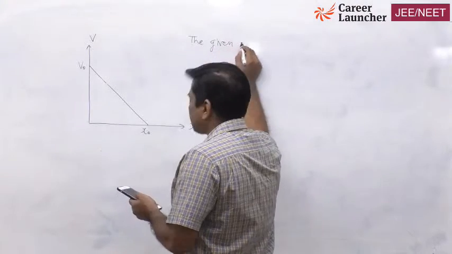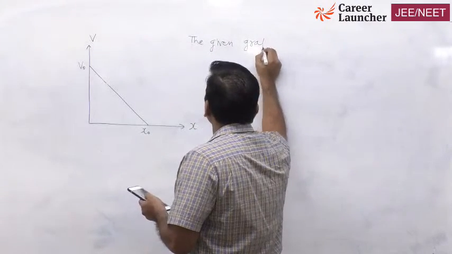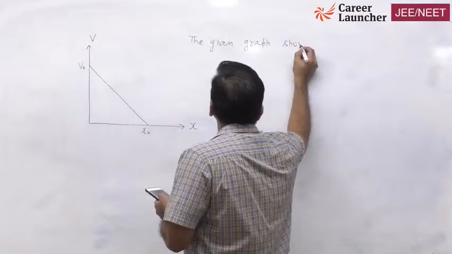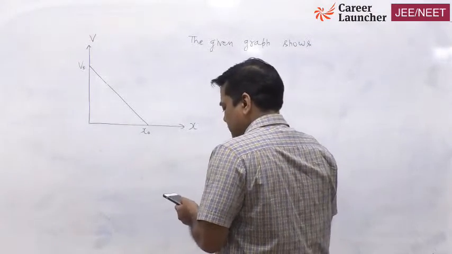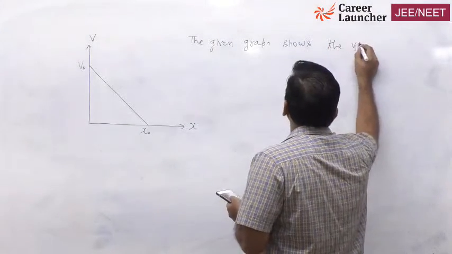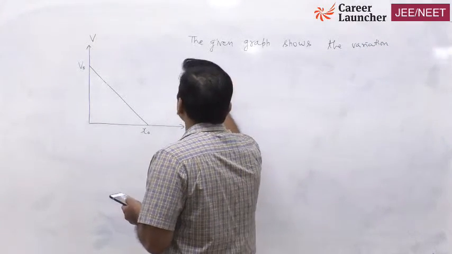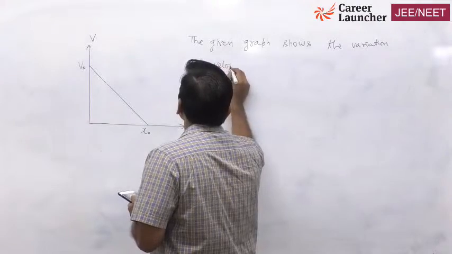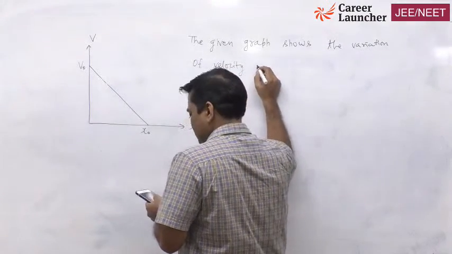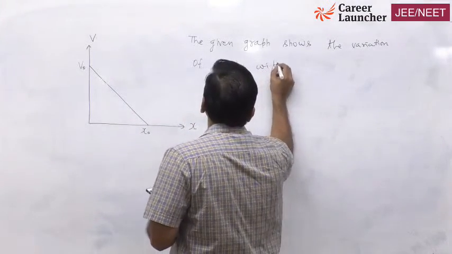The given graph shows the variation of velocity with displacement.